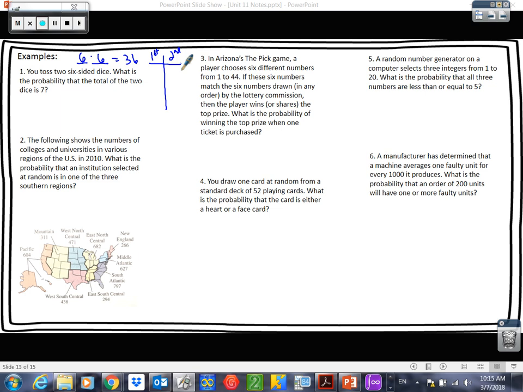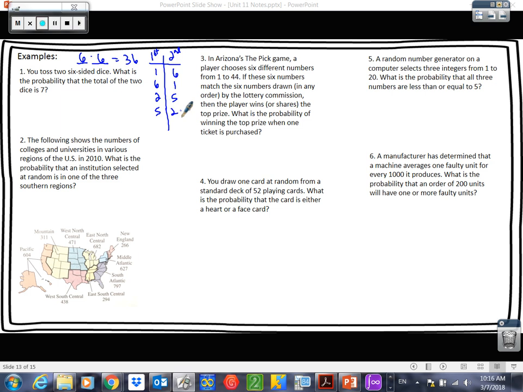I could get 7 if my first dice was a 1 and my second dice was a 6, right? I could also get 7 if my first dice was a 6 and my second dice was 1. That's also a possibility because those are different dice. Those are different events. Okay, what else could I do? I could get a 7 if my first dice was 2 and my second one was 5, and vice versa, 5 and 2.